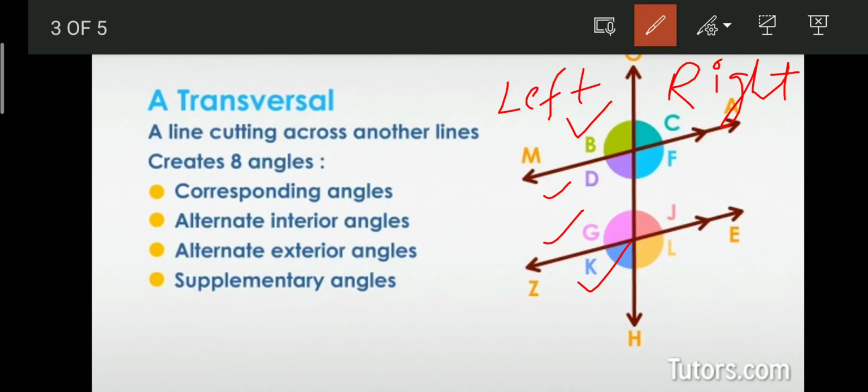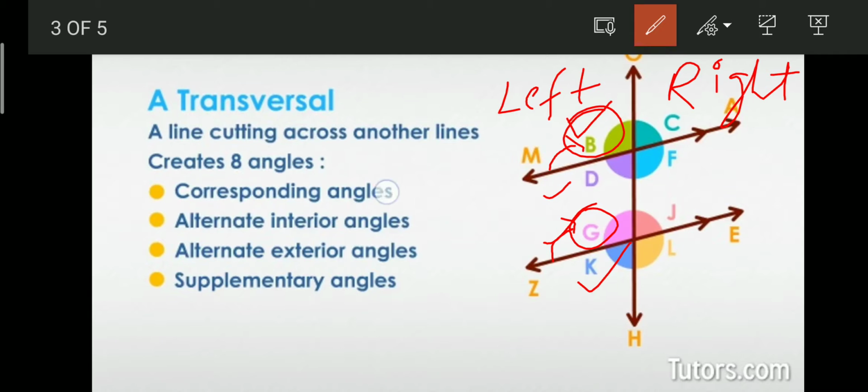If we take a combination of one exterior and one interior angle, say angle B and angle G, angle B is made above this line and angle G is also above this line, so they are corresponding angles.